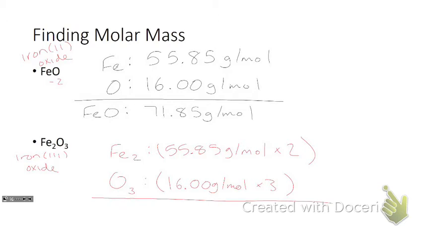So we'll do that. And what do we get for iron 3 oxide? 159.7 grams per mole. Excellent. 159.7 grams per mole. Right, able to get that one? Yeah? Okay, good.